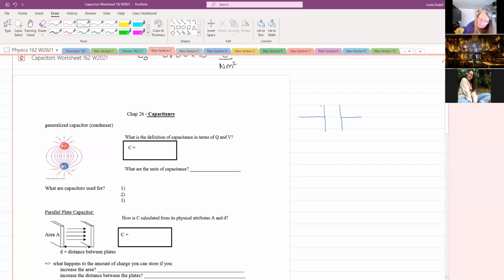I said, if I have a certain amount of charge here, then I'm going to have a balance on the other side. One way to think about that is in terms of our electric fields: I have an electric field coming out of a positive into a negative. And between these two plates, the electric field is constant.